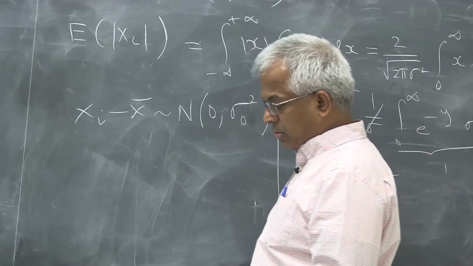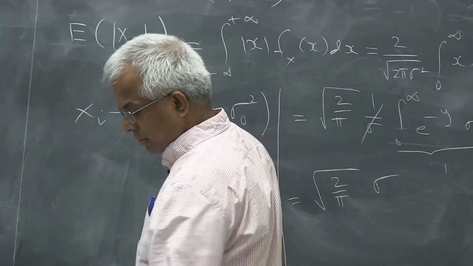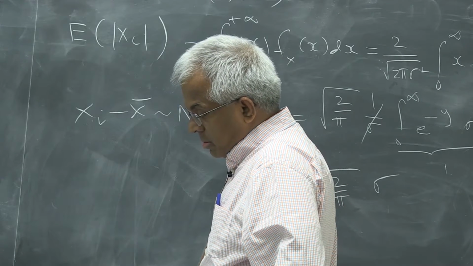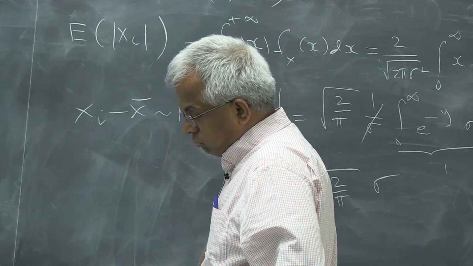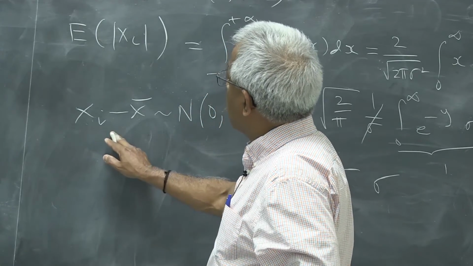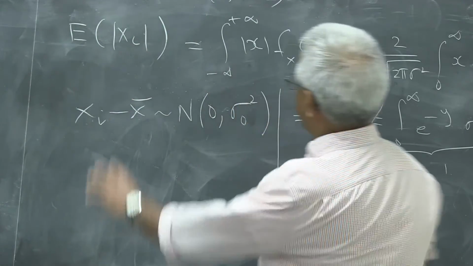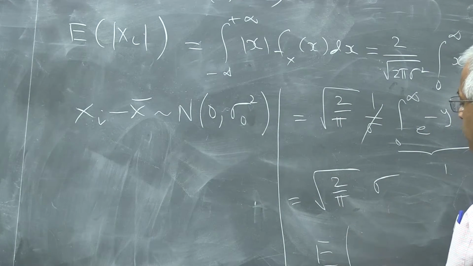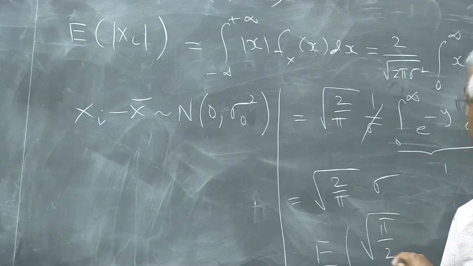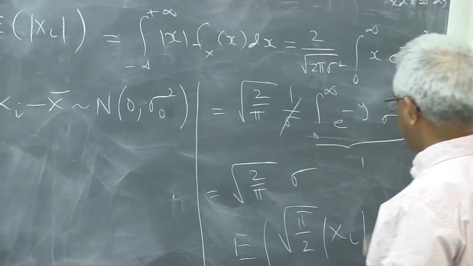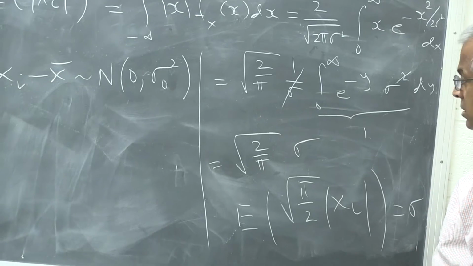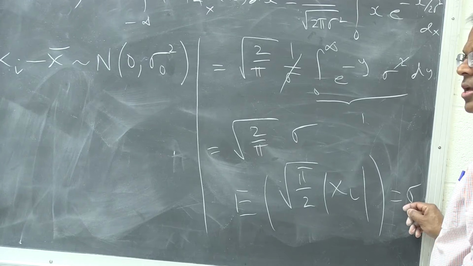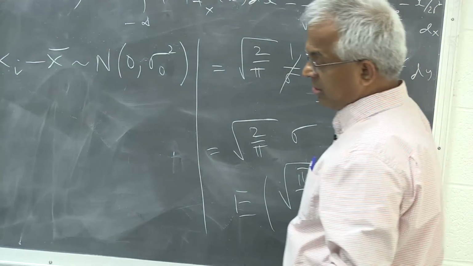We can find the sigma squared in a minute. We can use the absolute value of this, because from here you have expected value of square root of pi over 2 times absolute value of xi is sigma. So we can construct another unbiased estimator for the standard deviation using this idea.